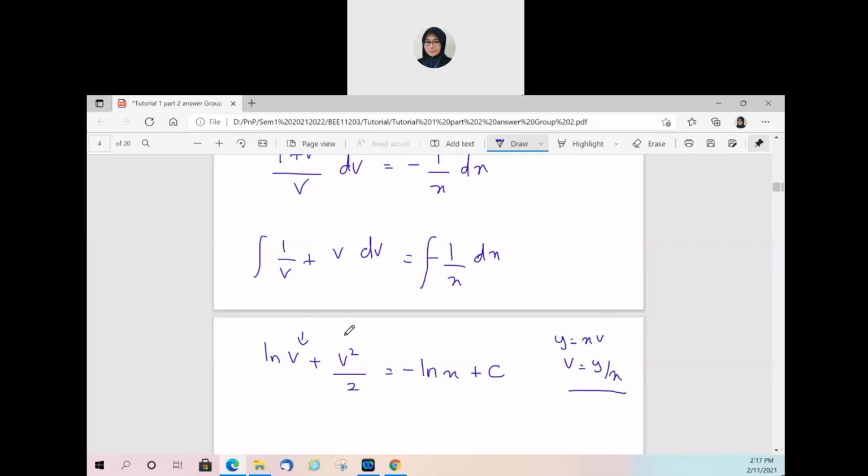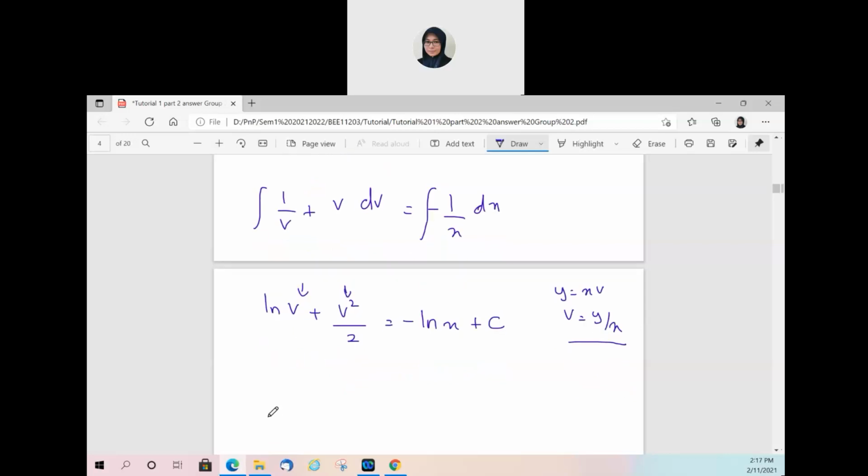Therefore, your equation will be ln Y over X plus Y over X squared divided by 2 equals to minus ln X plus C.